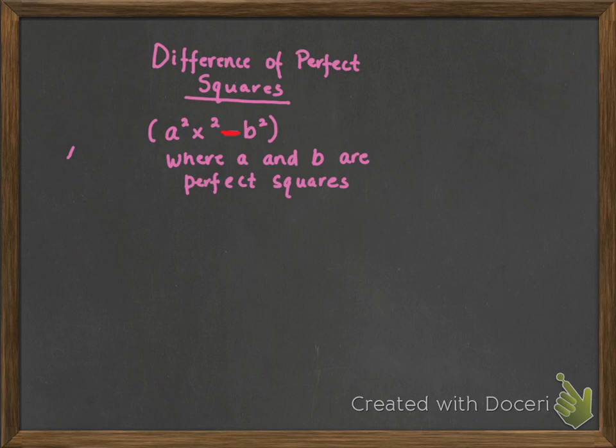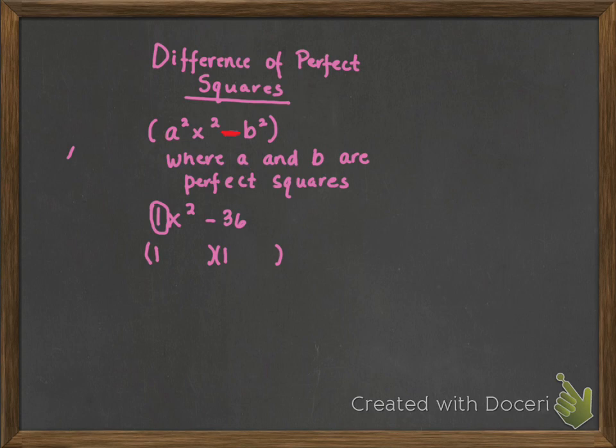So for example, we may have x squared minus 36. Now that is a difference because of the minus. 1x squared is a perfect square and 36 is a perfect square. So the way the difference of perfect squares will always factor is I take the square root of the first number there, which is 1, and put a 1 in each beginning spot of these sets of parentheses.